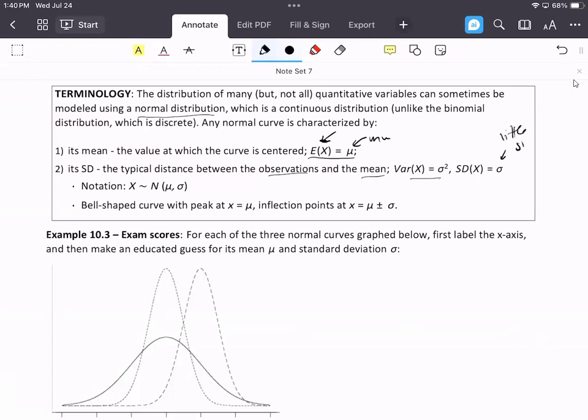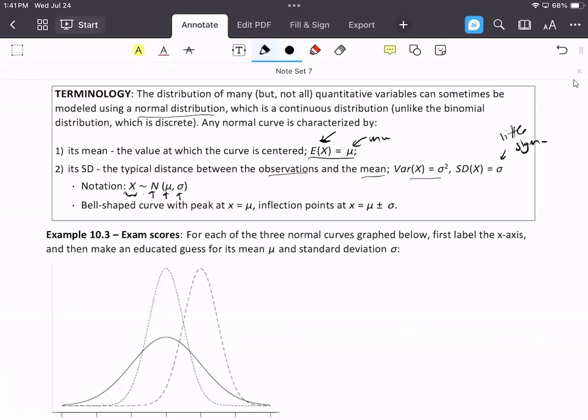We call that standard deviation little sigma. So the notation, if a random variable is approximated well by the normal distribution, is x tilde N of mu, sigma: here's the center and here's the standard deviation.